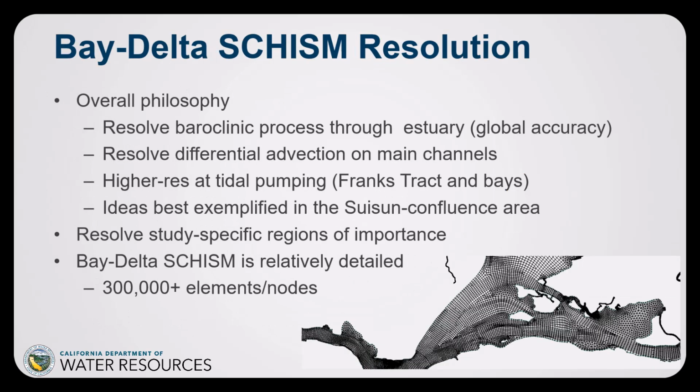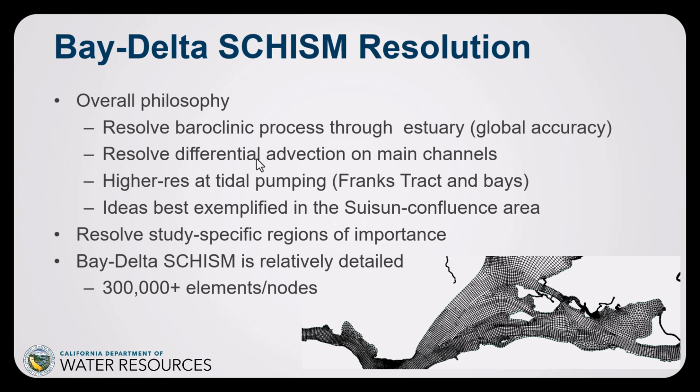As far as resolution goes, the distributed version of Schism is intended to be infrastructure. We want to get the system-wide performance right, and our hope is to resolve the main processes leading to circulation scale exchange flows and transport, including the balance between horizontal and vertical processes.